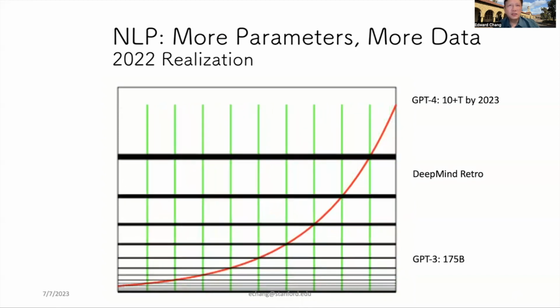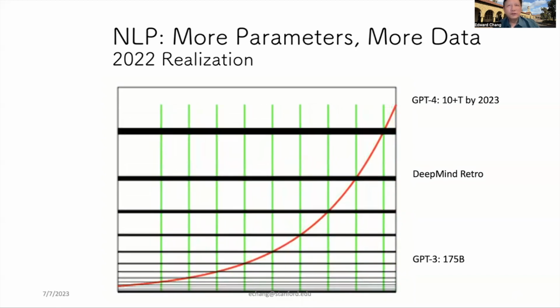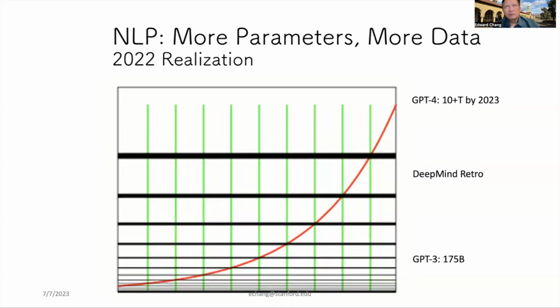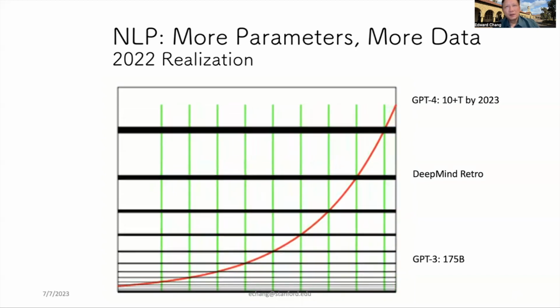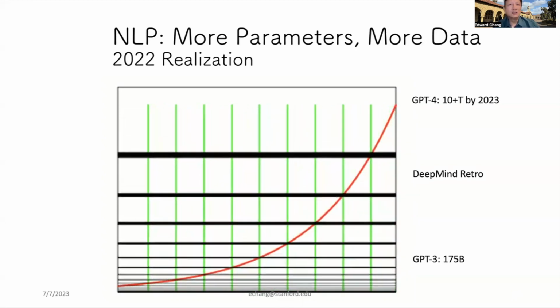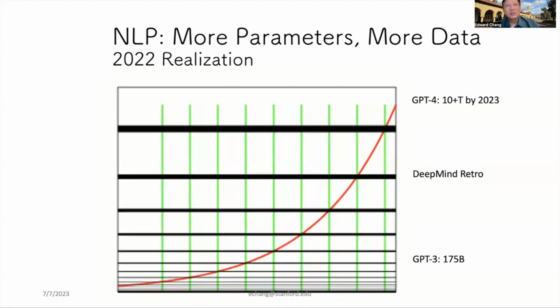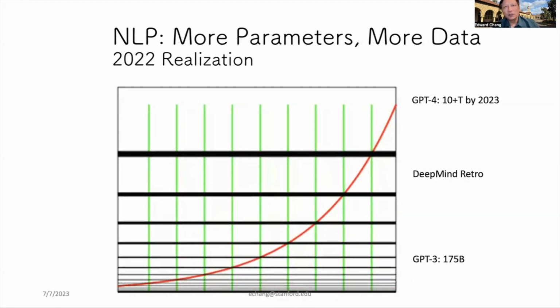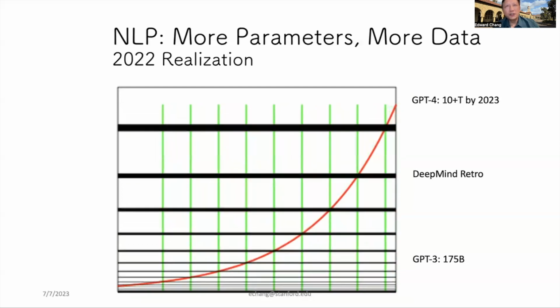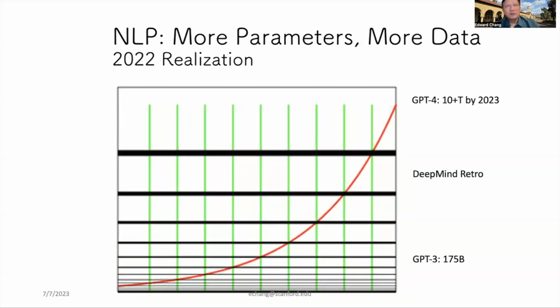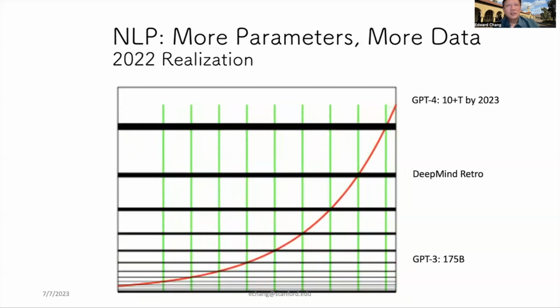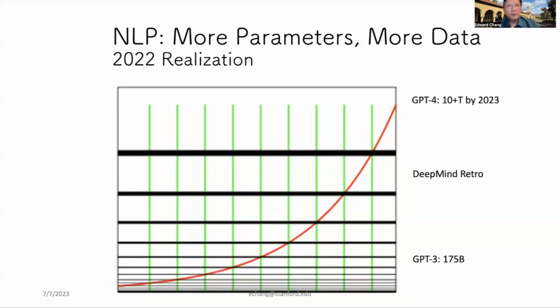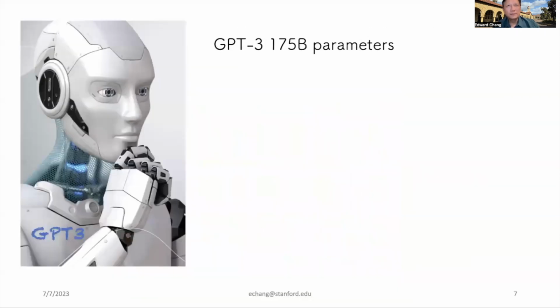And about a year ago, people rumored GPT-4 may have more than 10 trillion parameters. However, after GPT-4's launch, although the internal architecture was kept confidential, the fact that GPT-4 has about 1.7 trillion parameters was recently disclosed.